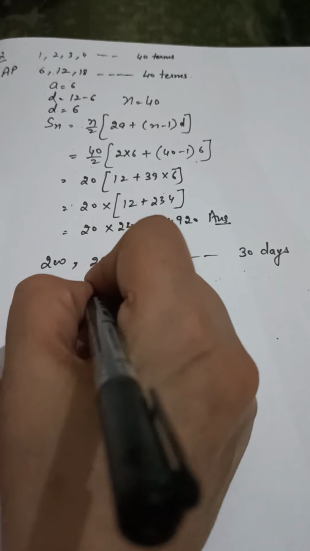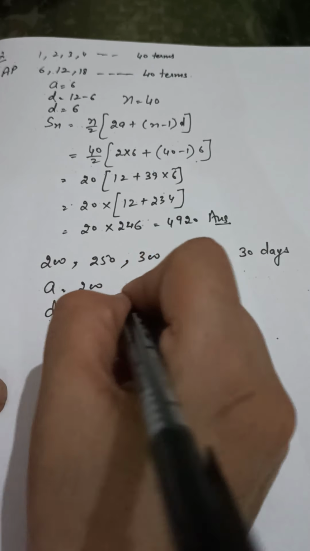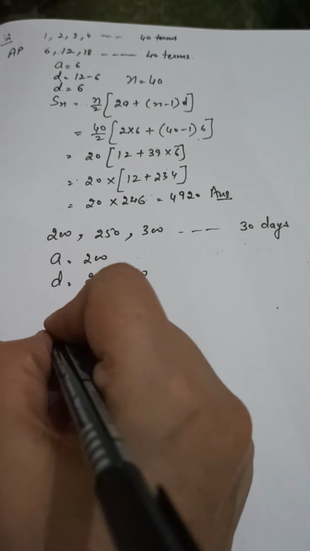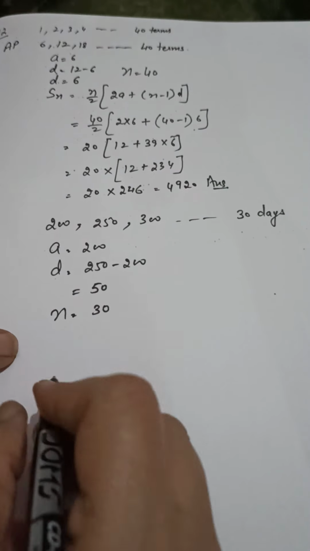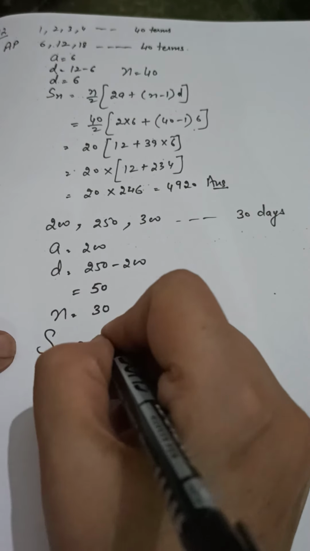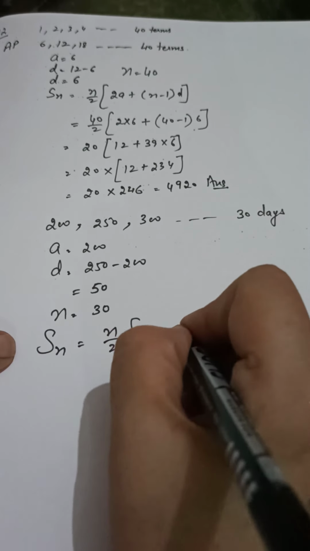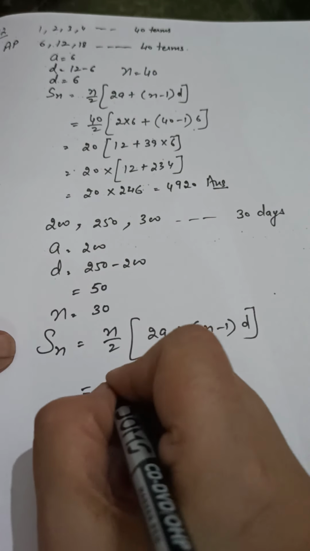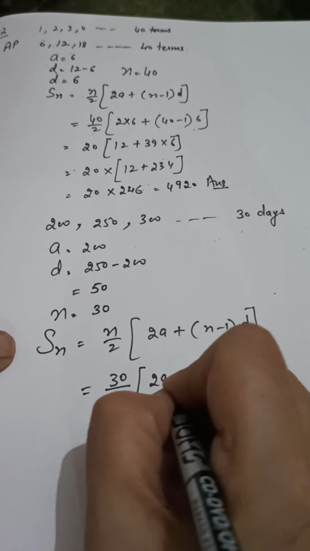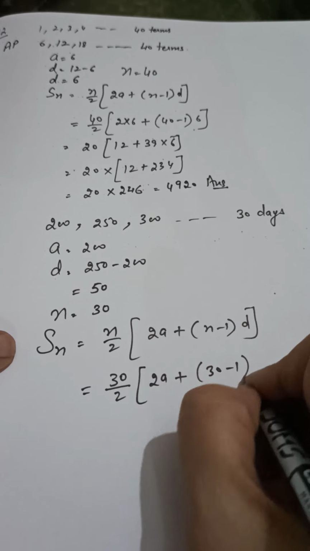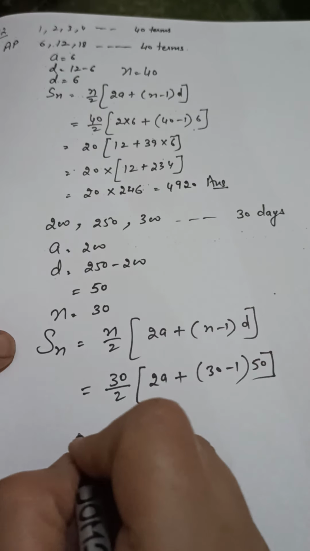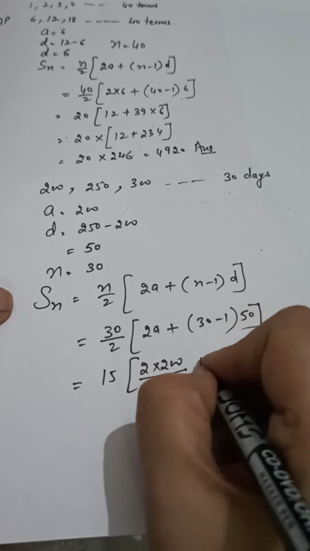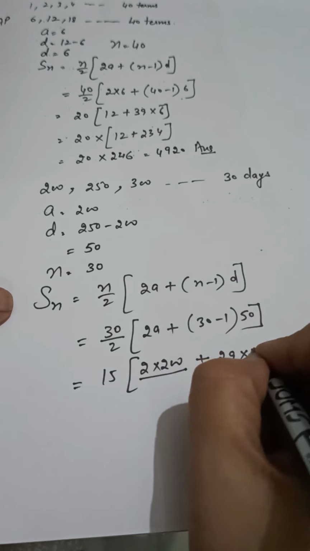Here a is equal to 200, it is given. d is equal to 250 minus 200, that is equal to 50, and n is equal to 30. We have to find Sn. Sn is equal to n upon 2, 2a plus n minus 1 into d. That means 30 upon 2, 2a plus 30 minus 1 into d. d is 50, and a is 200. So 2 into 200 plus 29 into 50.